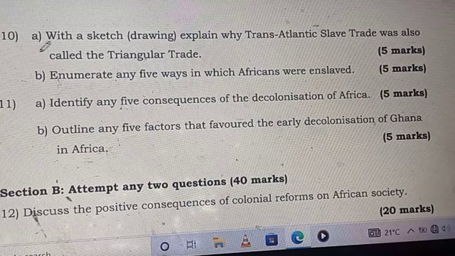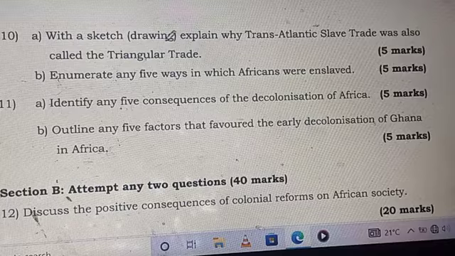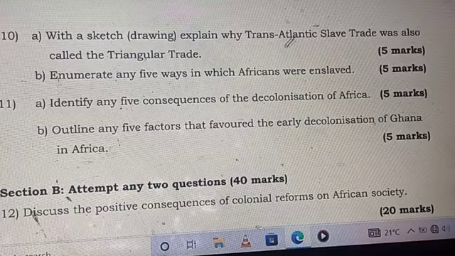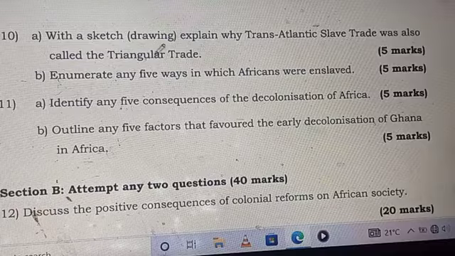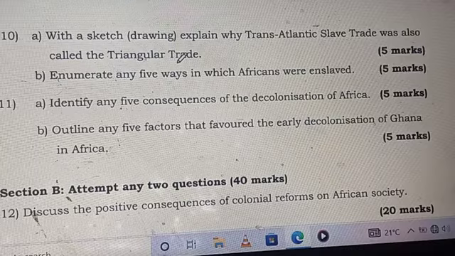Question 10. A. With a schedule or drawing, explain why the transatlantic slave trade was also called triangular trade. What do you think?